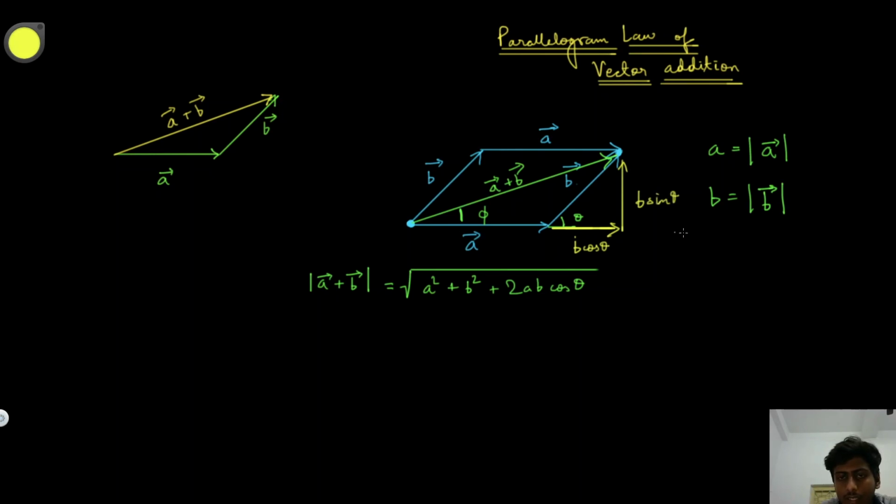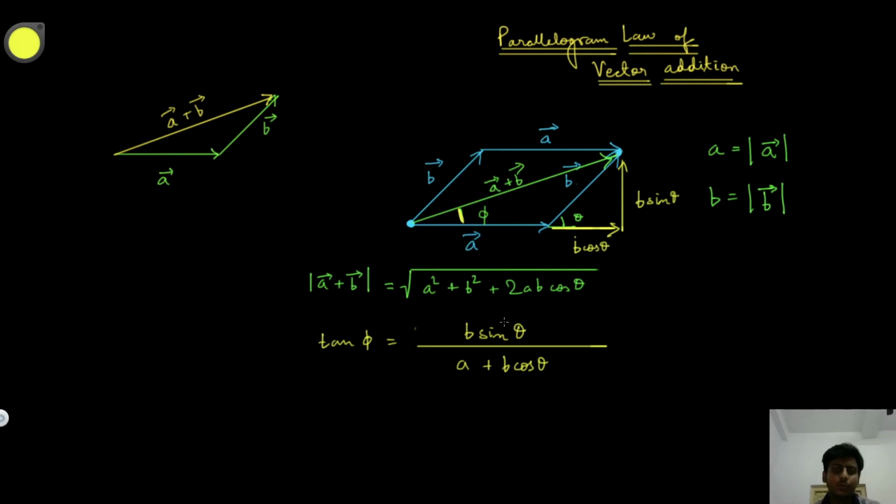Now we applied the concept of tan phi. So tan phi turned out to be perpendicular by base. So perpendicular by base would turn out to be b sin theta by a plus b cos theta.